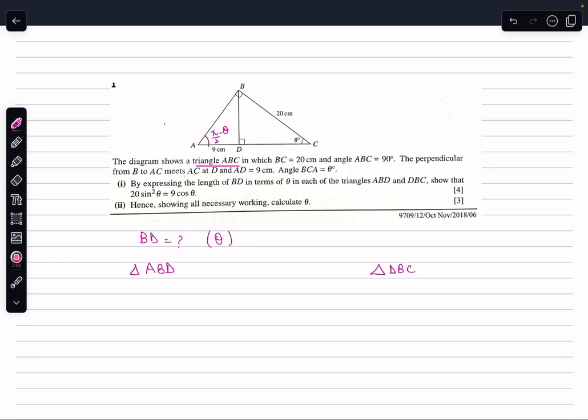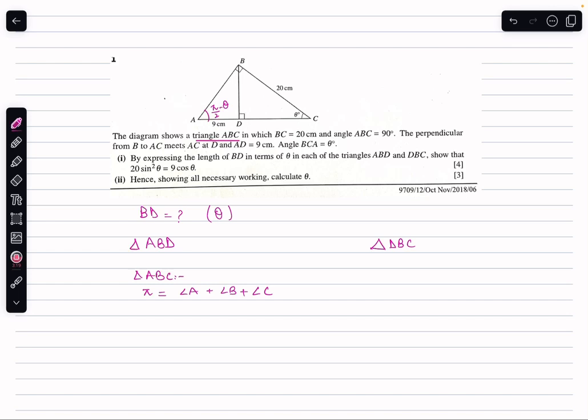Let's go for triangle ABC first to get the angle A. In triangle ABC, the sum of all the angles is π, which is equal to angle A plus angle B plus angle C.